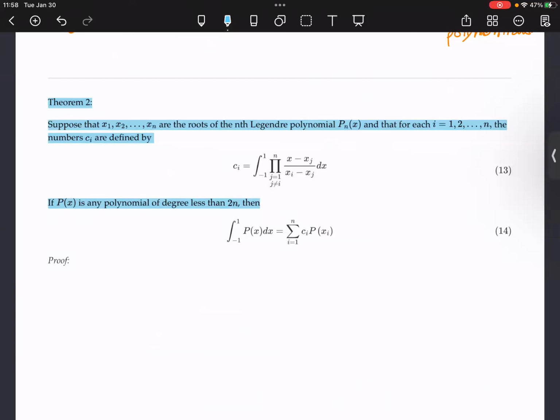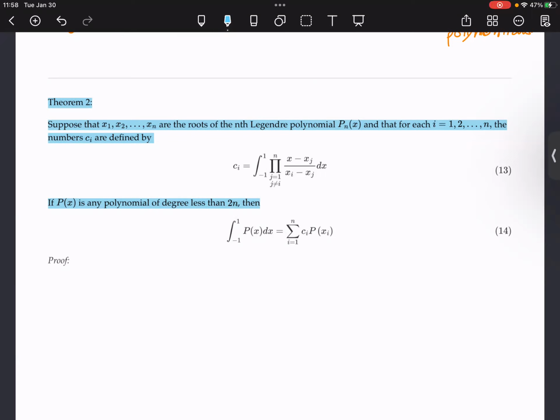So with all this in mind, we have already decided the xi here. The xi, the nodal points, are the roots. And the ci is just the integral of this basis function here. With all this, we get a quadrature rule, and the degree of precision is 2n minus 1.